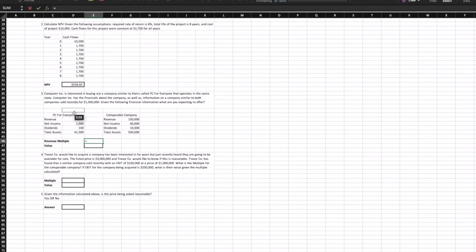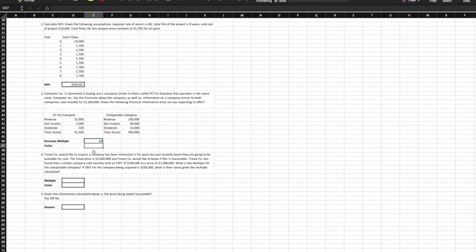So we're going to come up with a revenue multiple. It's going to be our value of the firm at a date given our revenue figure that we're given. So we're going to do the 1.5 million and divide it by our 150. We come up with an EBIT multiple of 10, which makes sense.